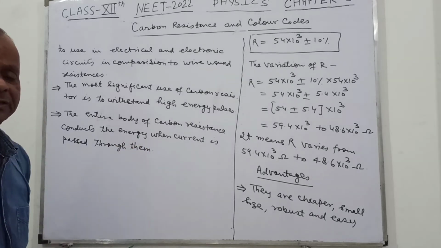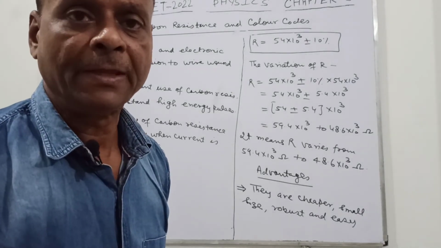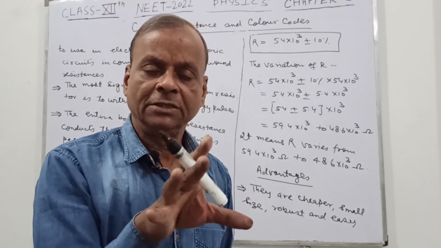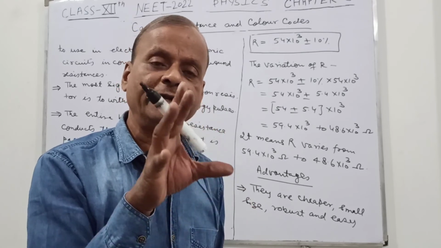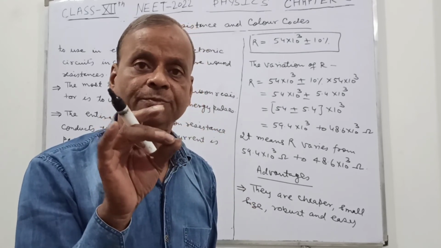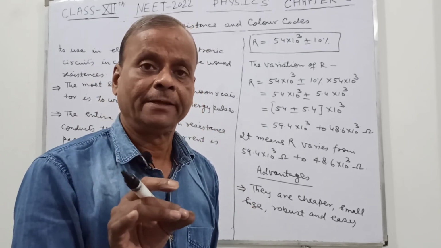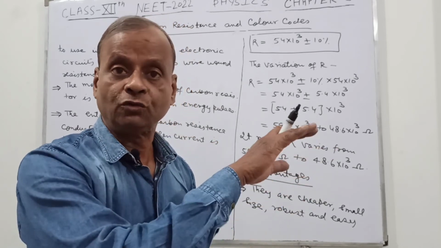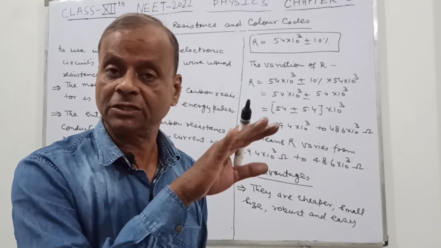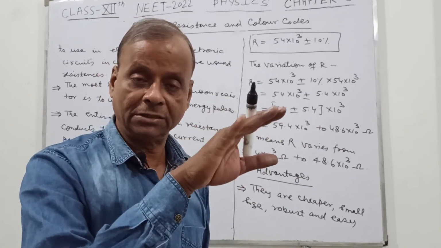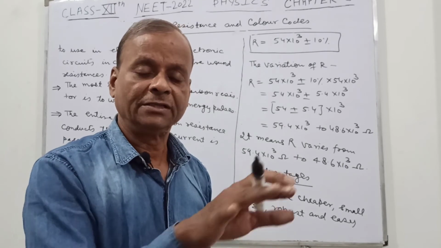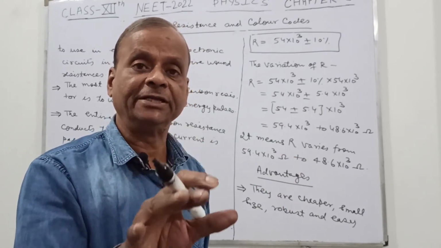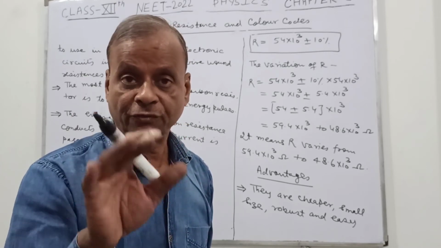That is, if suppose we are having a wire resistance, then the current flows only on the outer surface, not inside. This is why the wires are taken to be very thin. And in case of carbon resistance, the energy flows throughout, inside and on the surface also. So that is most useful in comparison to the wire wound resistance.